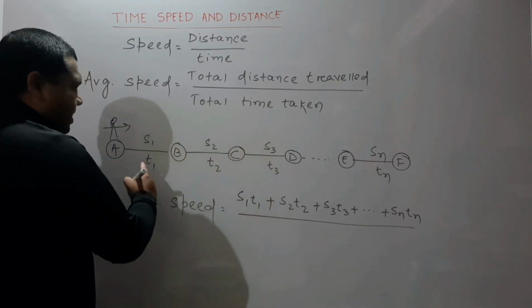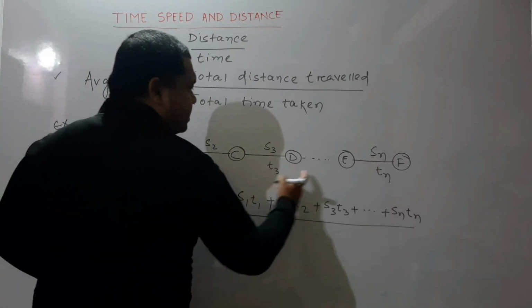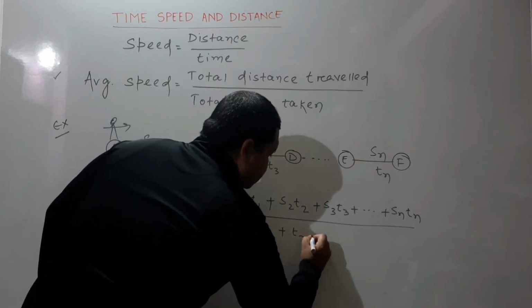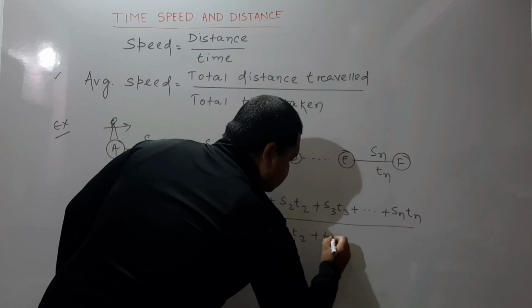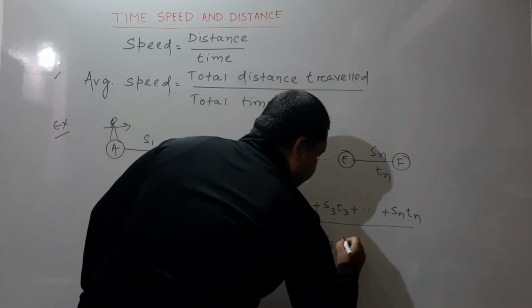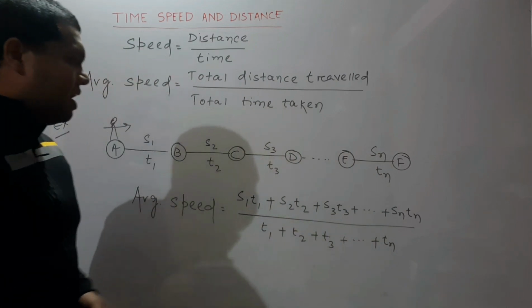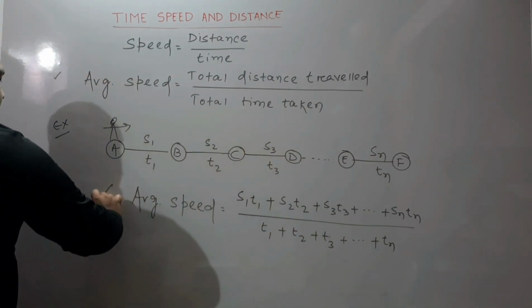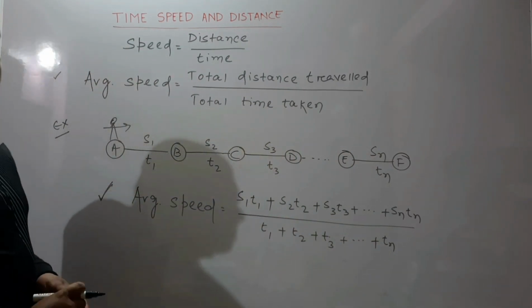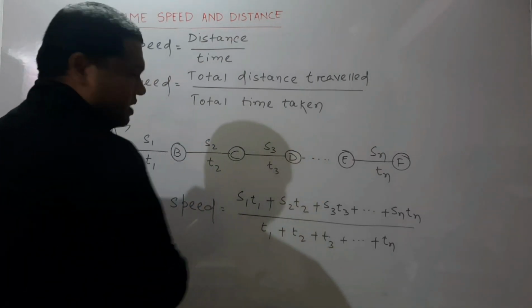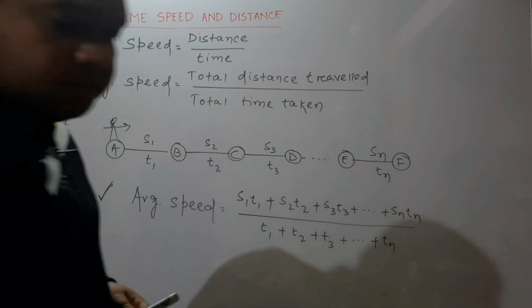And here total time taken is T1 plus T2 plus T3 up to Tn. So this is the average speed. Very, very important formula. Okay. Clear? Now we will solve questions from this concept, average speed.